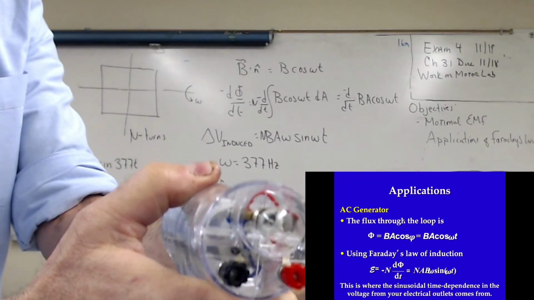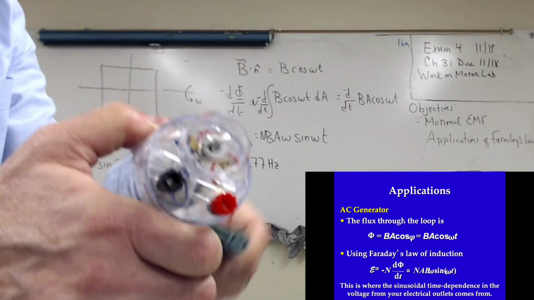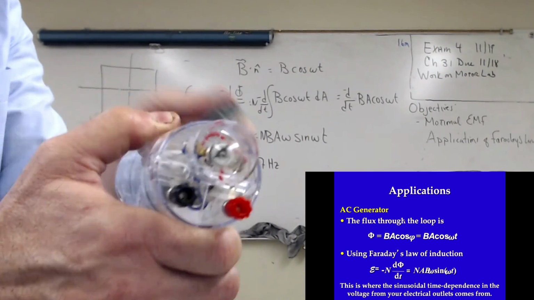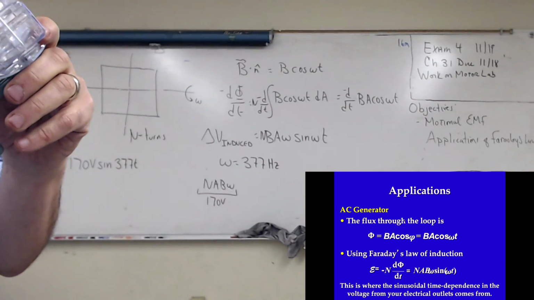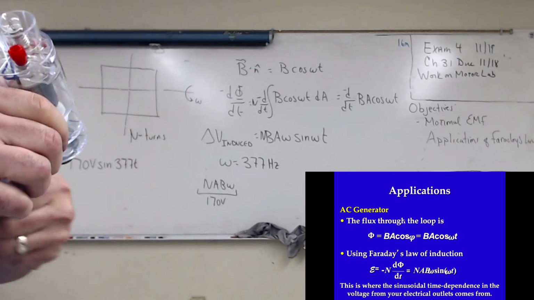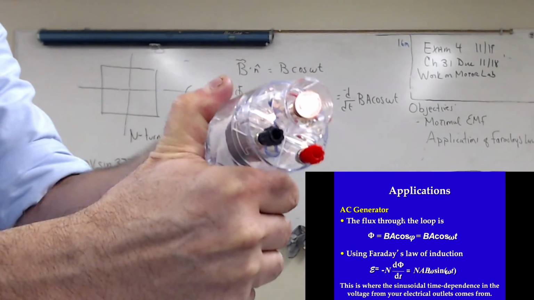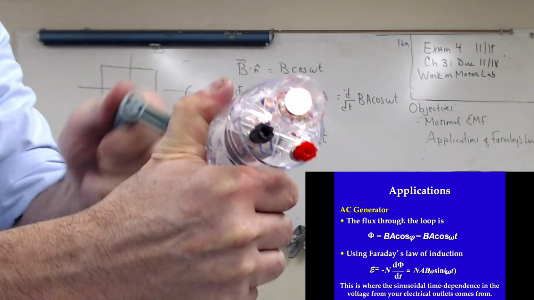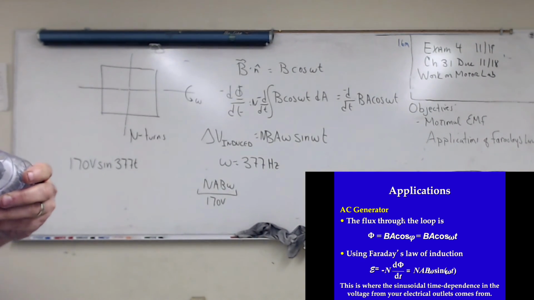Are you able to see the light go on or not? It's kind of loose. Okay, there you go. So you saw the light go on?